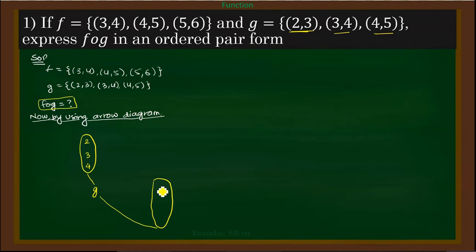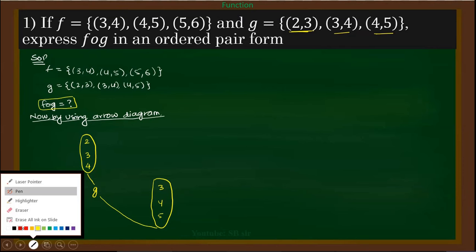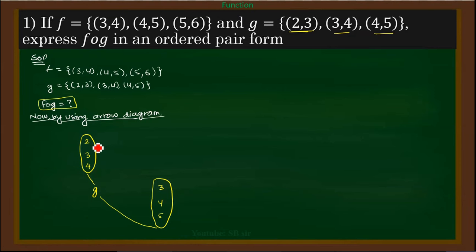The second elements of g are 3, 4, and 5. Let's do the mapping here. 2 is mapped with 3, since the first element is 2 and the second element is 3. Similarly, 3 is mapped with 4, and 4 is mapped with 5.